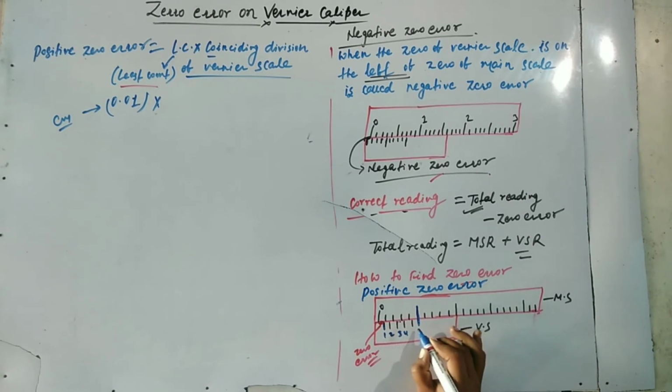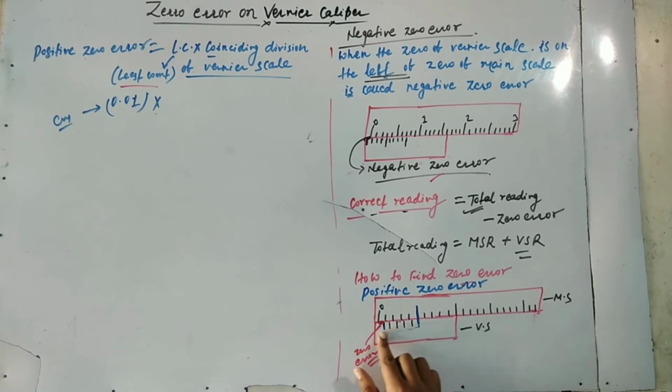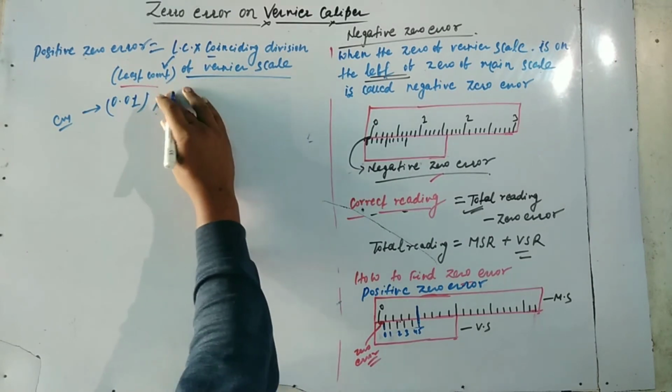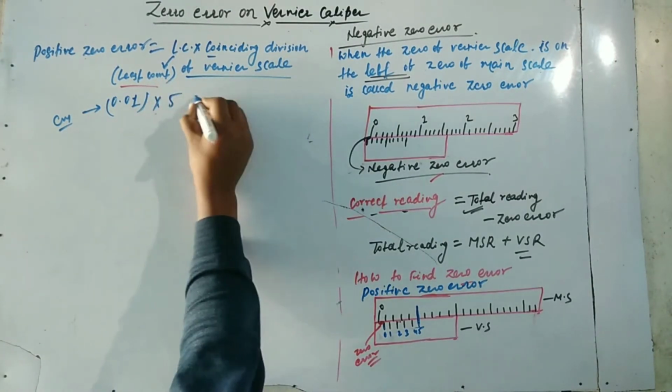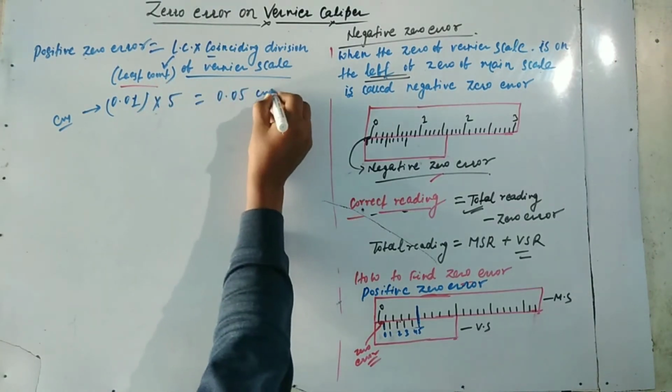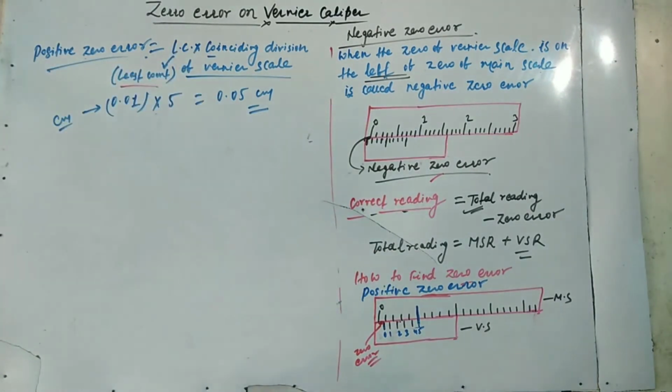So here we count the vernier scale division, 0, 1, 2, 3, 4, 5. So after 5 divisions, its division coincides with the main scale. So 0.01 into 5 is equal to 0.05 cm. So it's called positive zero error.